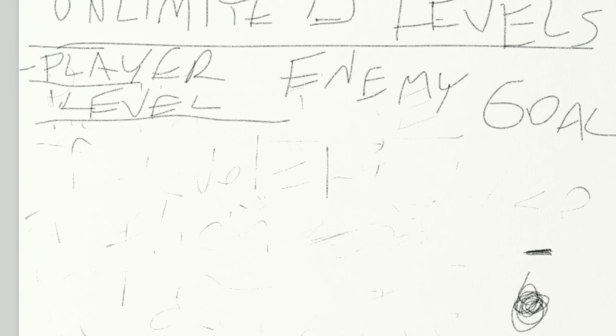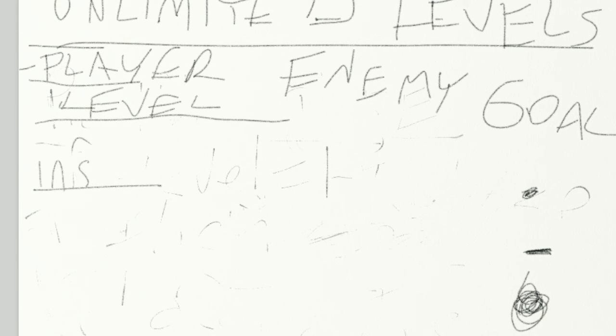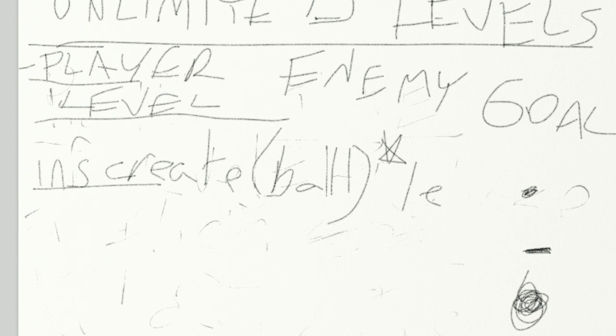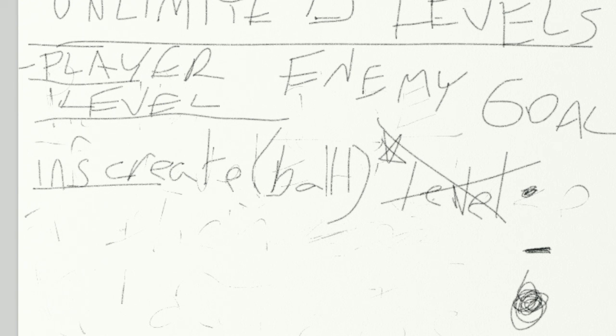You can do times level, or you don't have to do it that way either. Before the instance create, we could do a repeat, and then in parentheses level, which is a global variable, what level you're on. So if you're at level 100, 100 balls would be created. I like to go in by tens.